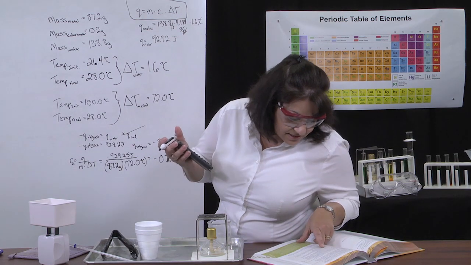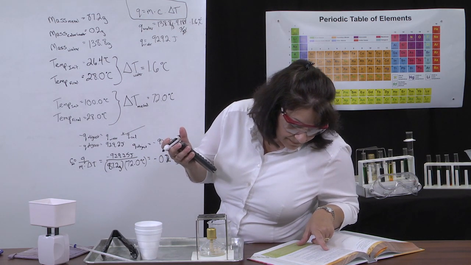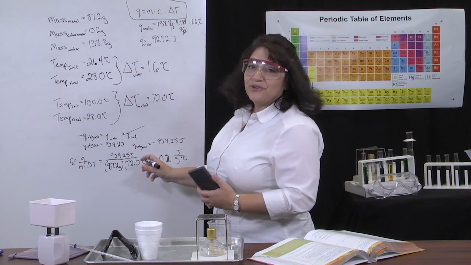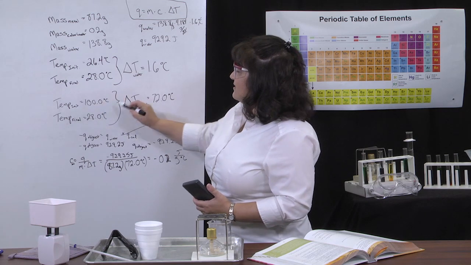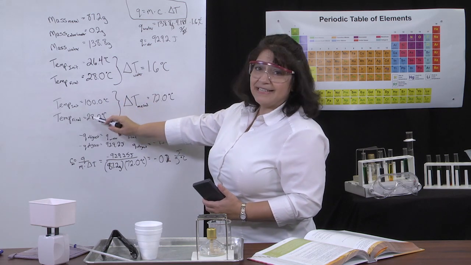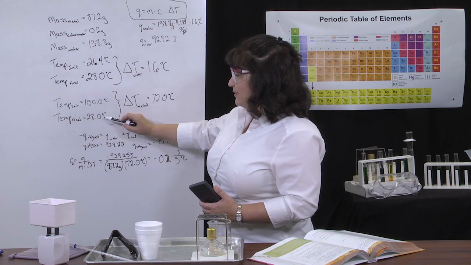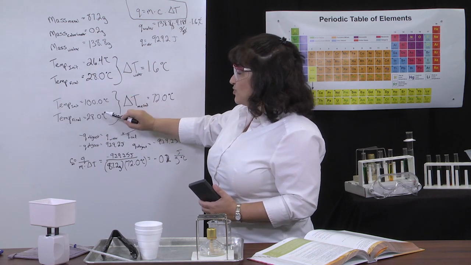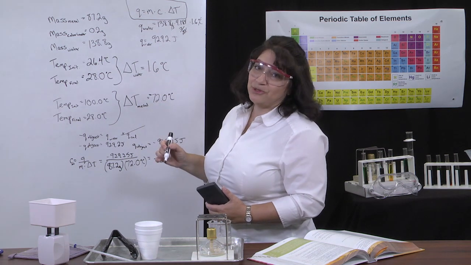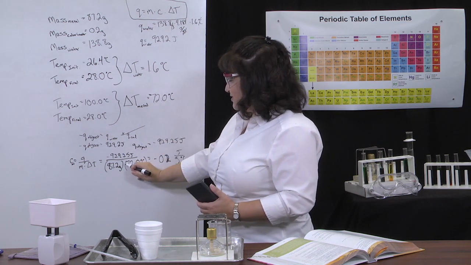Now let me just check that negative sign one more time. Aha. This should not be negative, and here's the reason why. This is something you have to check yourself to expect it. When I calculated my temperature change, it's final minus initial. So it's 28 minus 100, which means this temperature change is a negative temperature change. Therefore, this 72 is negative.